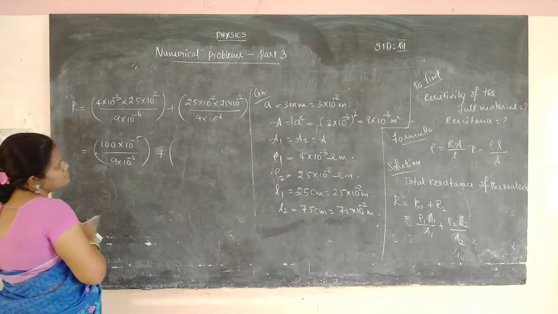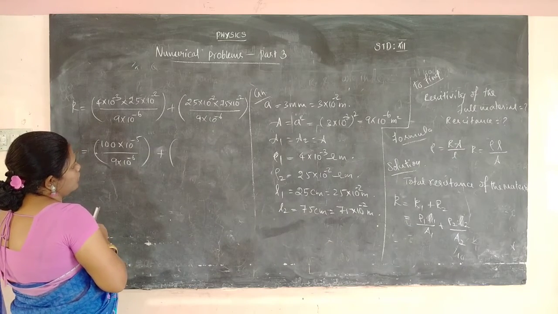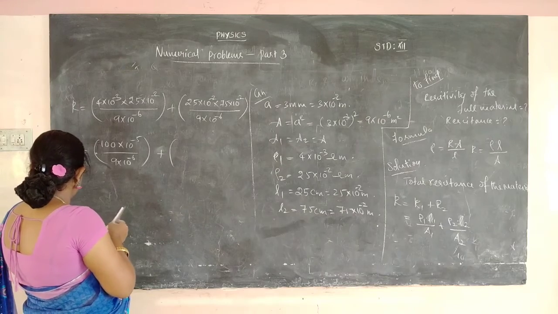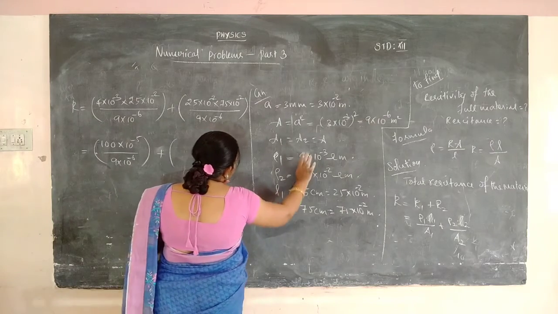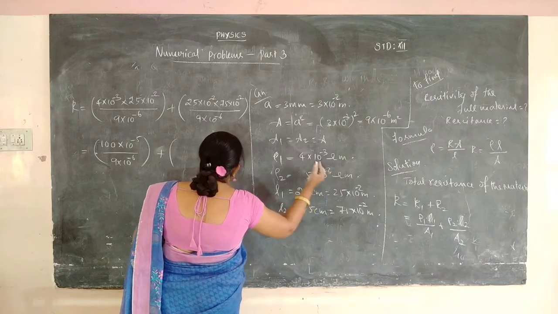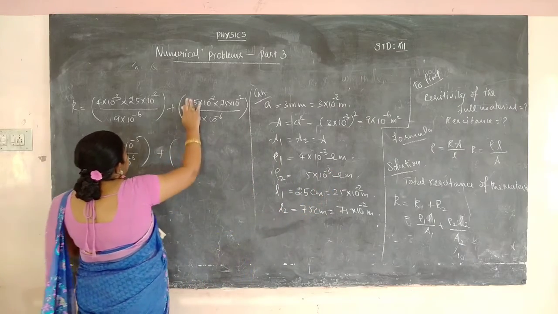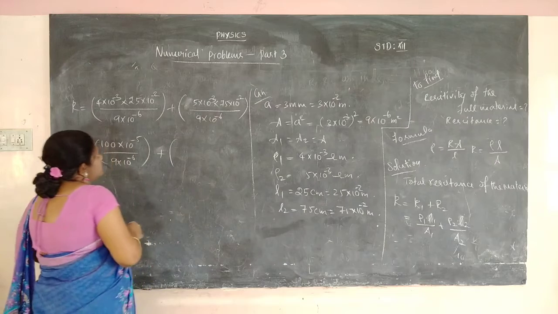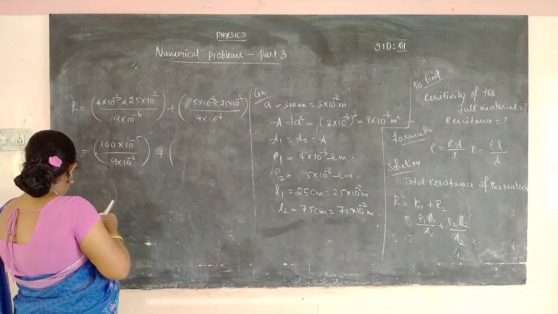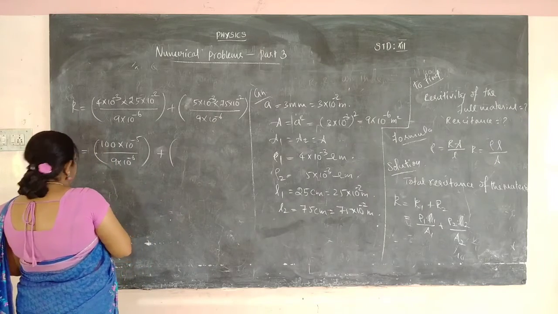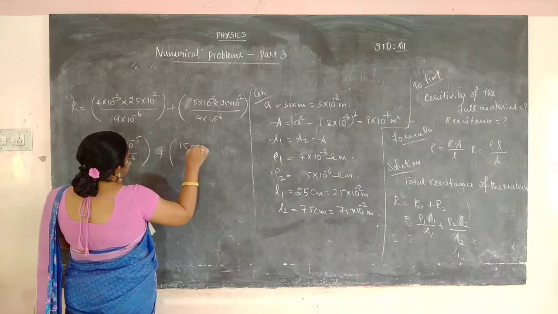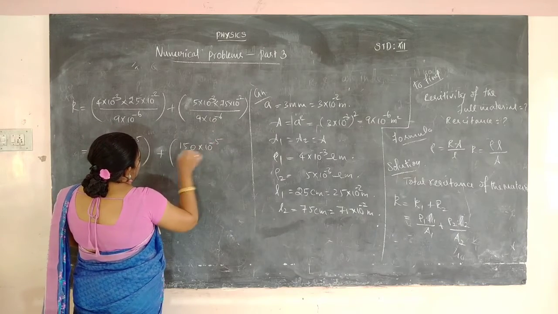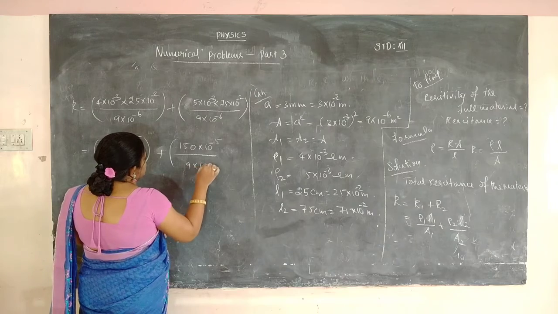Rho 2 value is not 25, it is 5 into 10 power minus 3. So 5 into 75 is 375, 375 into 10 power minus 5 by 9 into 10 power minus 6.